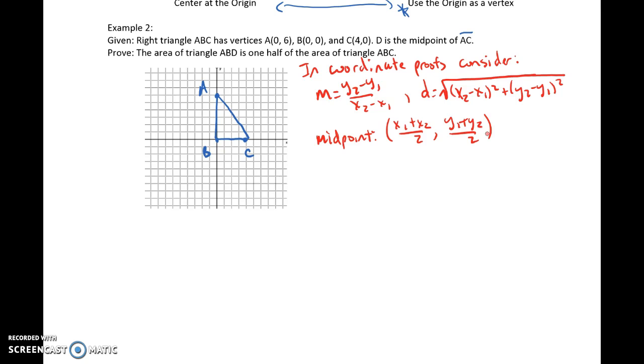And because we're dealing with shapes here, we can also have our area formulas, which change based on the shape, right? And then the idea of perimeter.